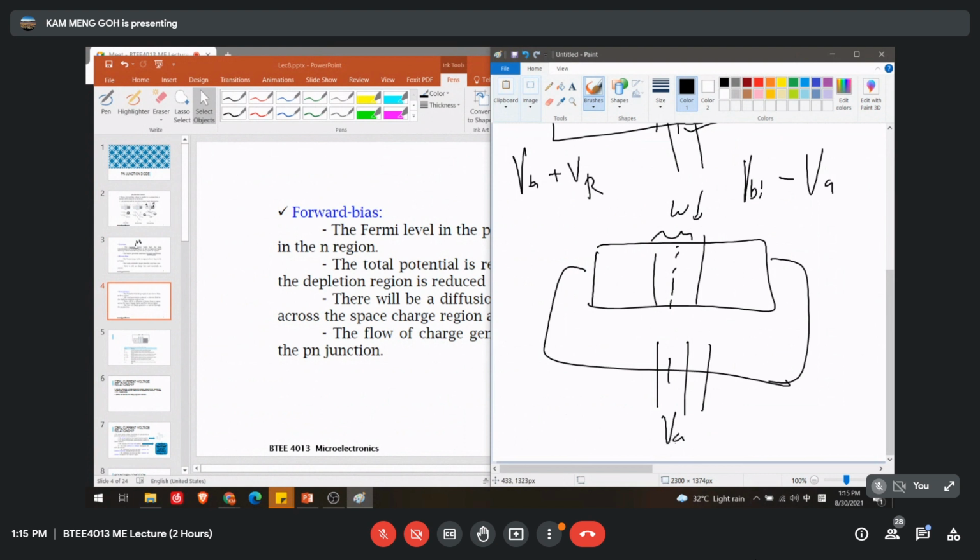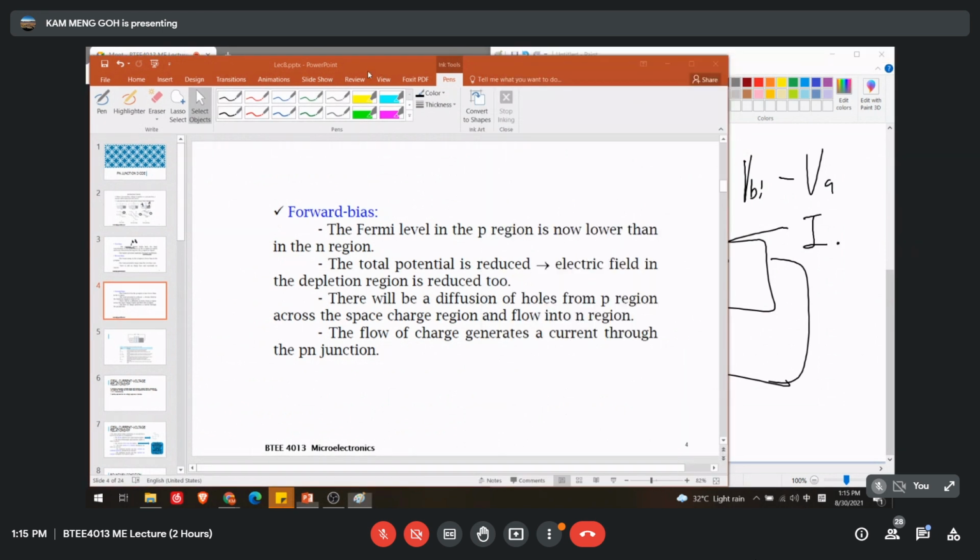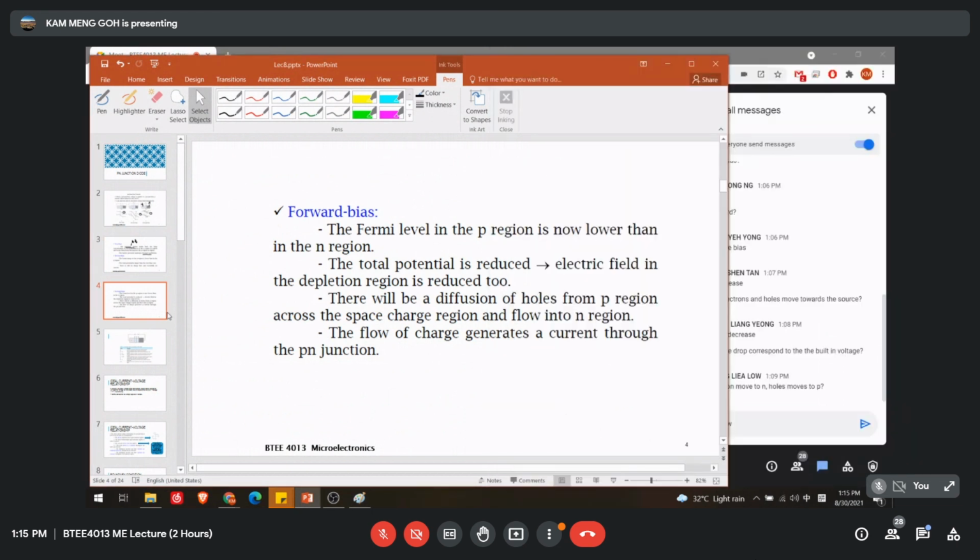Since this is getting smaller, your V is getting smaller also, and then all the electrons and the holes will have a chance to flow to each other. Okay, and the flow over here will cause the current. So far, any question at this point? No, right? This one is quite simple and direct.